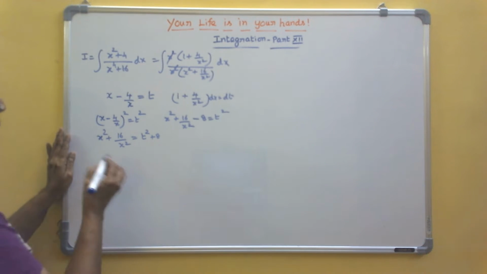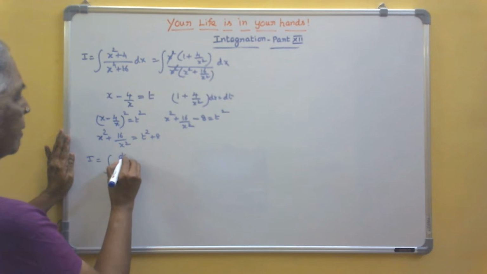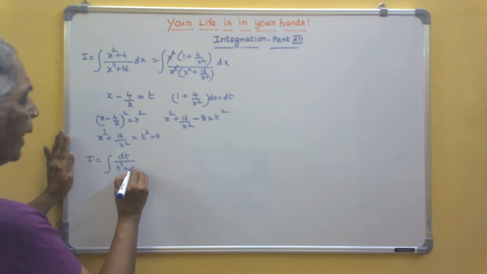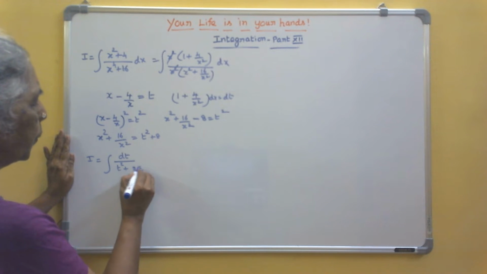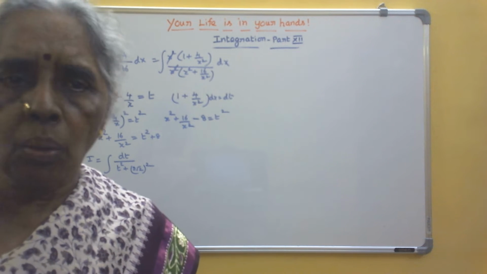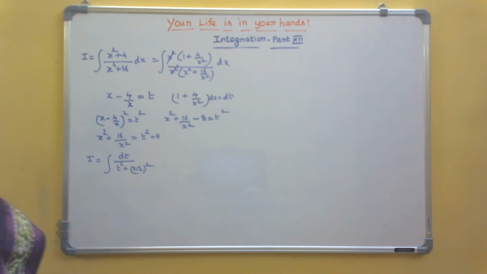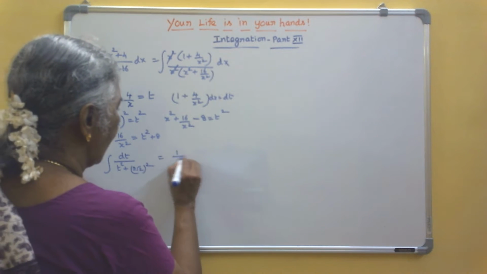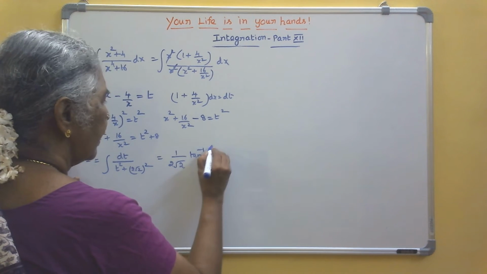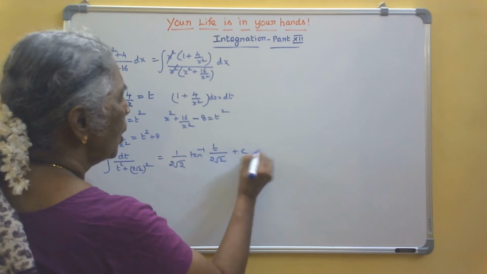Right. Now let me write that I is equal to integral, the numerator is dt, the denominator is t squared plus 8. 8 means it is 2 root 2 the whole square, correct? Now the formula is, when you have a plus like this, it is the tan inverse formula. So you will be getting 1 by a tan inverse of t by a, that is, 1 by 2 root 2 tan inverse t by 2 root 2, plus c.